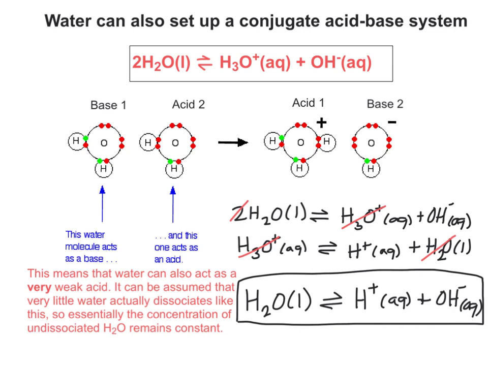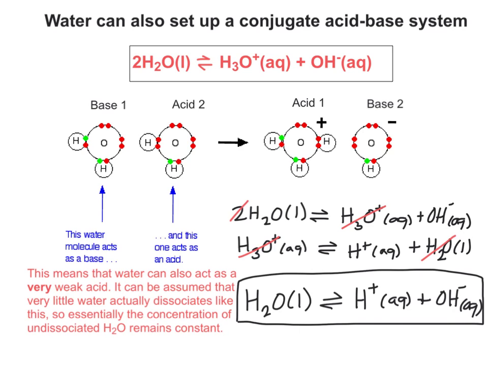If we look at water setting up a conjugate acid-base system, what it does is you get two water molecules that turn into one hydronium ion, H3O+, and one OH- ion.